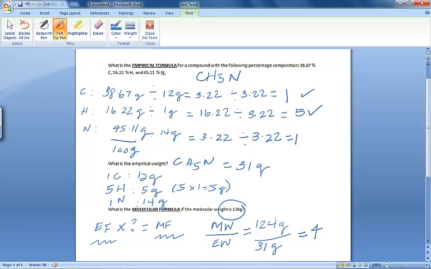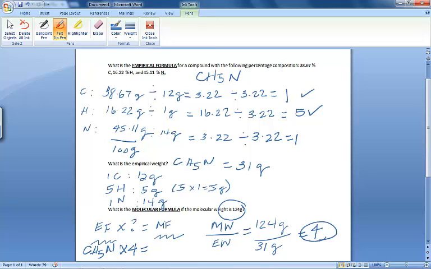What that means is that our molecular formula weighs 4 times as much as our empirical formula. Where does that weight come from? The number of atoms. So if our weight is 4 times as much, then our number of atoms must be 4 times as much. This whole empirical formula, CH5N, we said times the question mark. The question mark we have found now is 4.